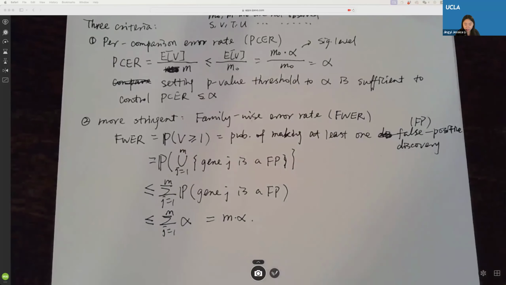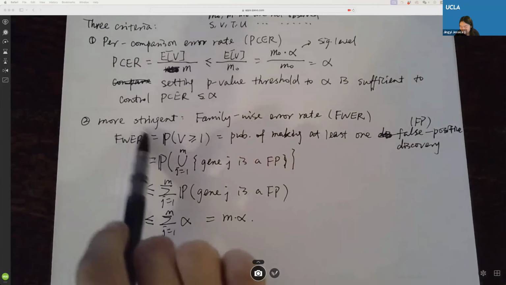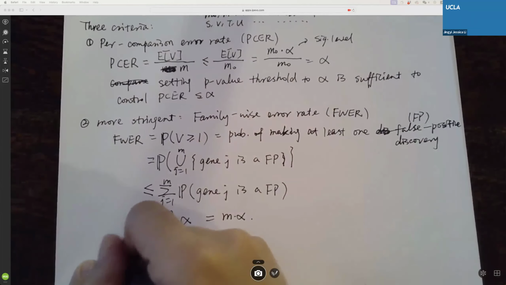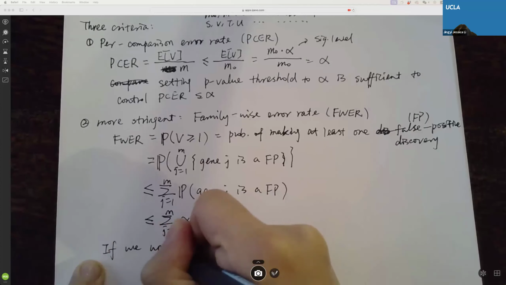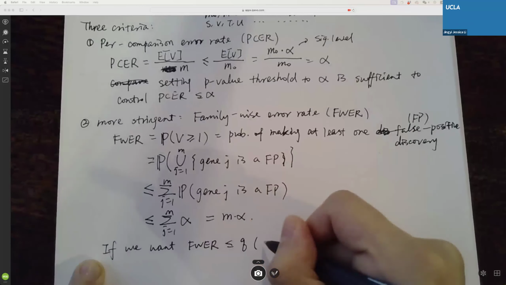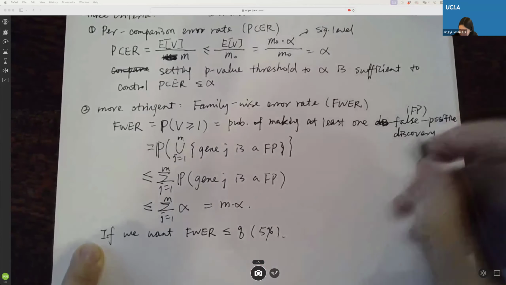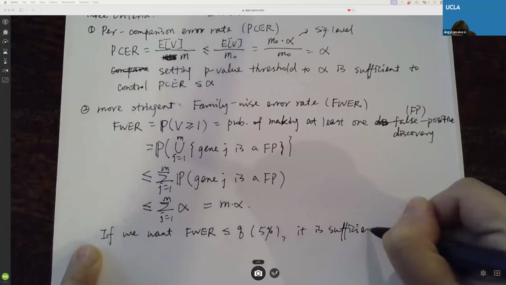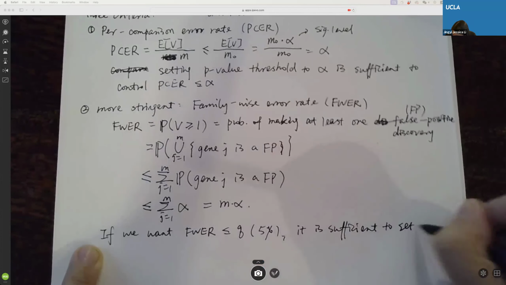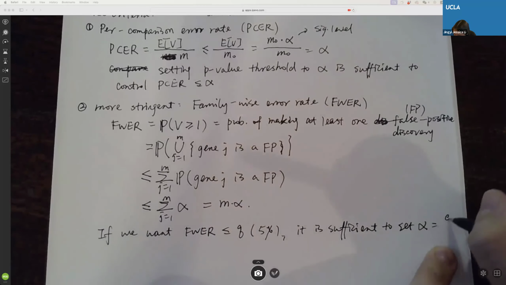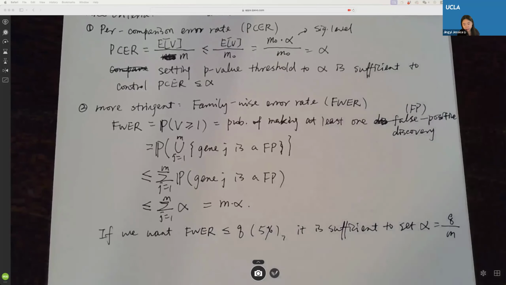Which means that if we want to control the family-wise error rate under some target Q, say 5%, it is sufficient to set alpha, the significance level or the threshold for the p-value, to be Q over n. If you do that, then the family-wise error rate will be controlled under Q.